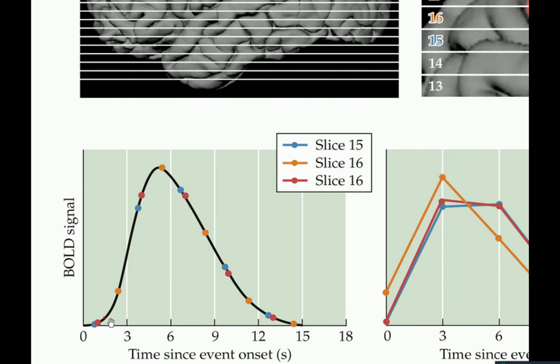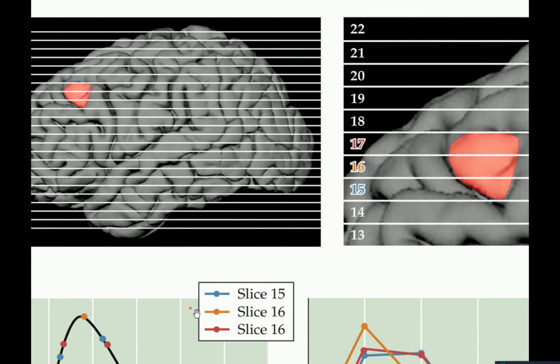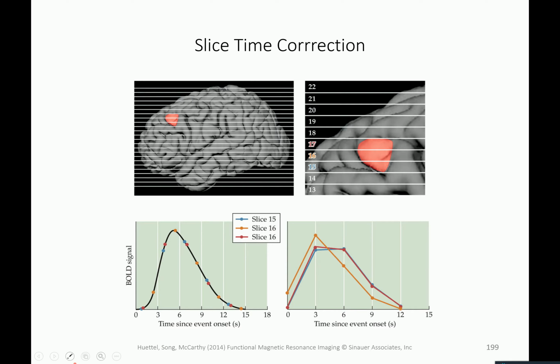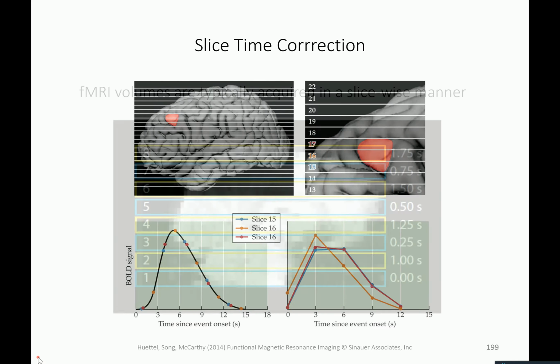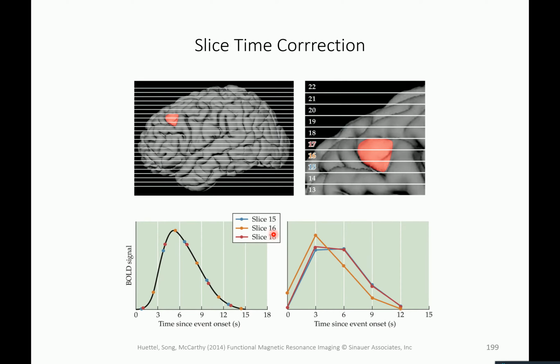Because they are quite close together in time, you acquire them here and here. Now, a long time after that, because this relates to the image before, you see that here you have 0 and 25, and then the one in between is only acquired 1 second later. A long time afterwards, you acquire the slice in between.